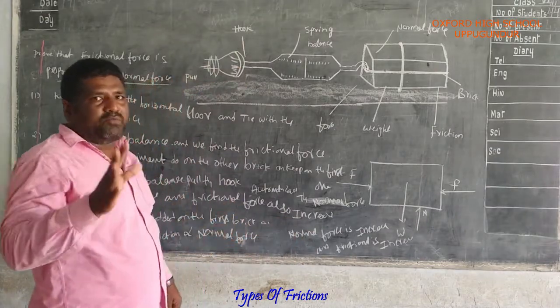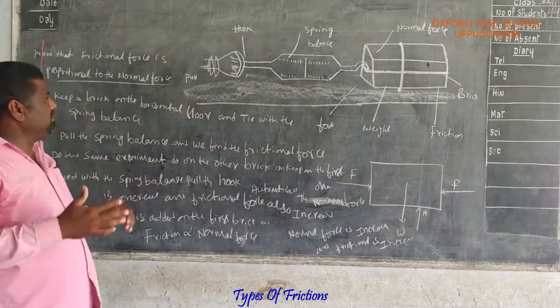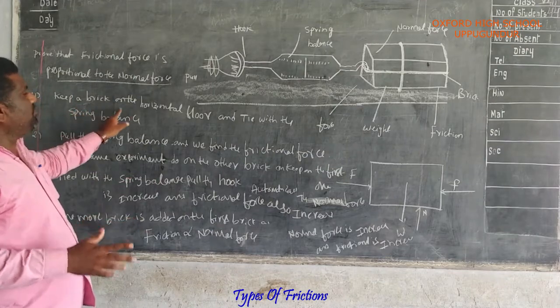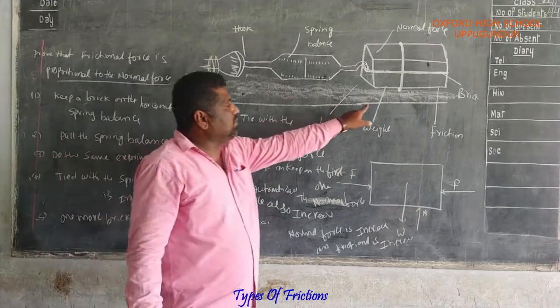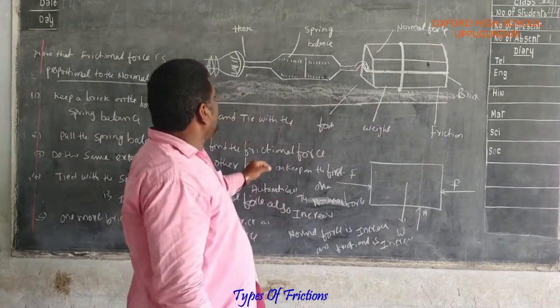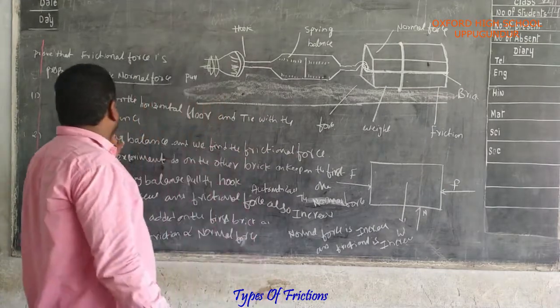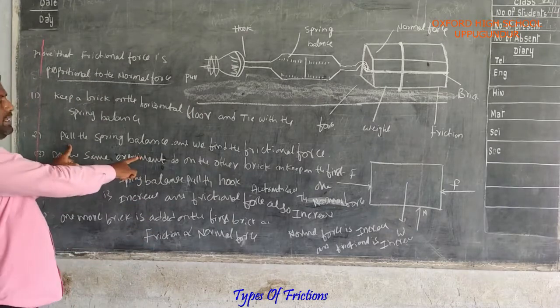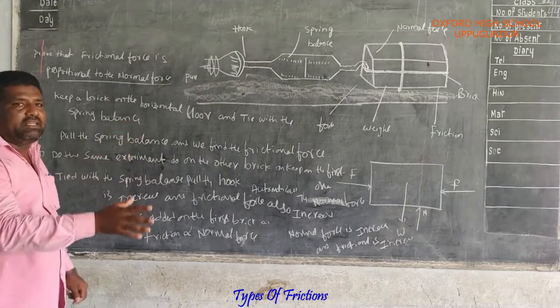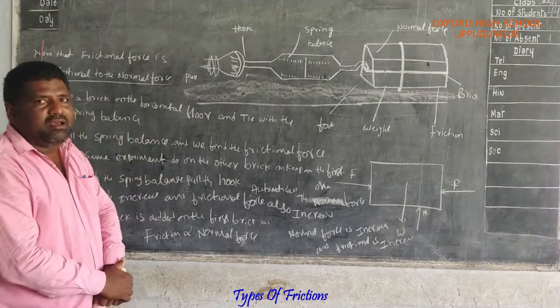Now we explain point by point. First, keep your brick on the horizontal floor and tie it with the spring balance. Now pull the spring balance and find the frictional force.